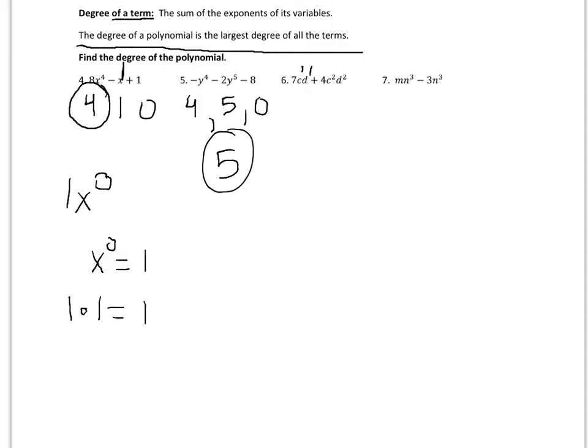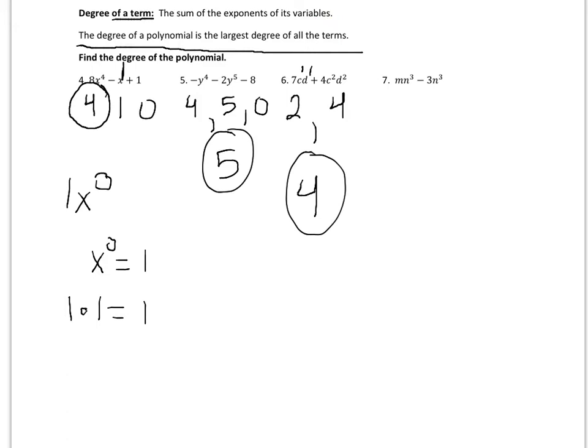What's the sum of those two? 2. 4c squared d squared. What's the sum? 2 plus 2? 4. So what's the degree of that one? 4. That's what it means by sum of the exponents of its variables, guys.